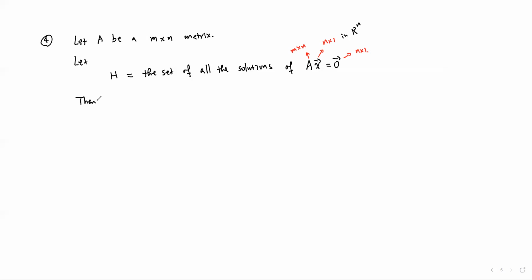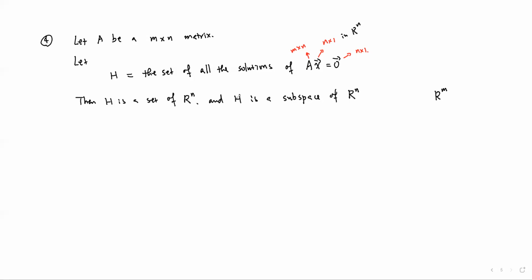Then H is a subset of R^n. H is a subset of R^n. And H is a subspace of R^n.